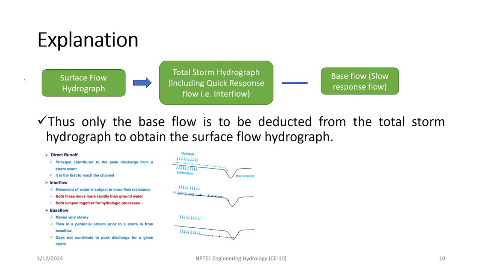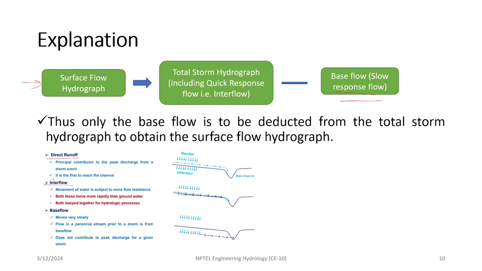If we want to compute the surface flow hydrograph, we have to subtract the base flow, that is a slow response flow, from the total storm hydrograph. These are some terminologies that we already have discussed, that is direct runoff, then interflow.